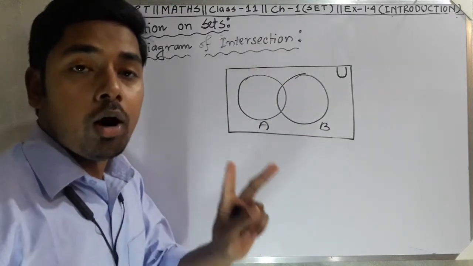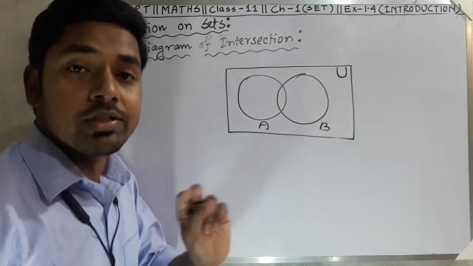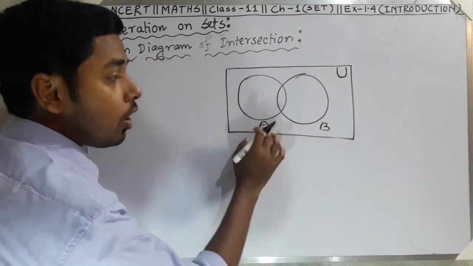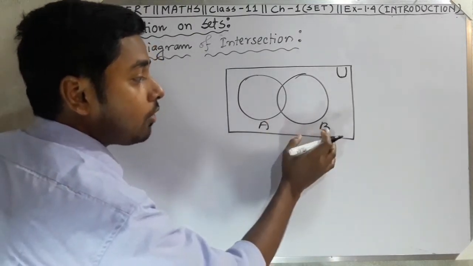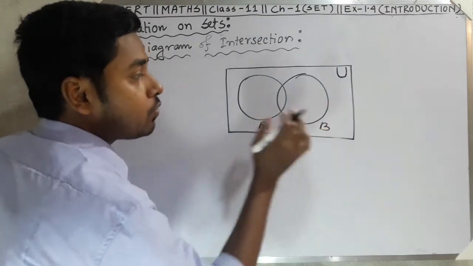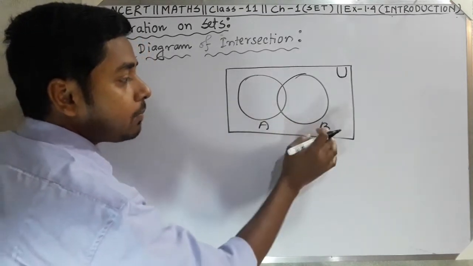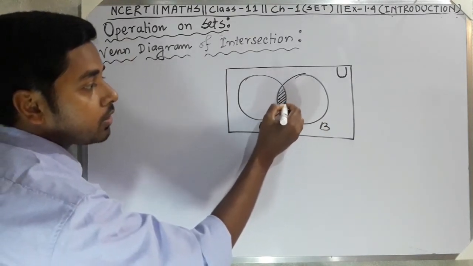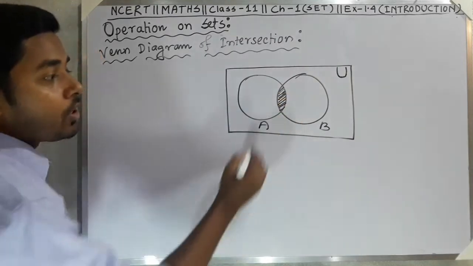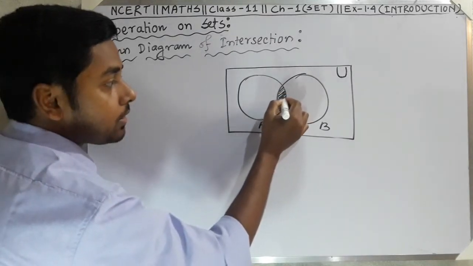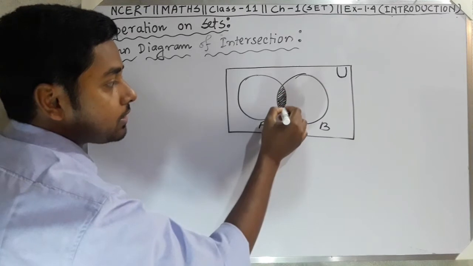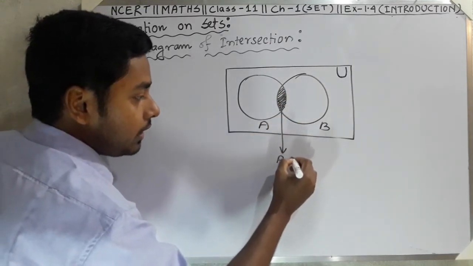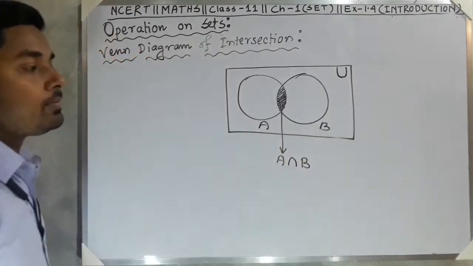Intersection means common elements of two sets, that means the common portion of set A and set B. This is the common portion of set A and set B. This is called A intersection B.